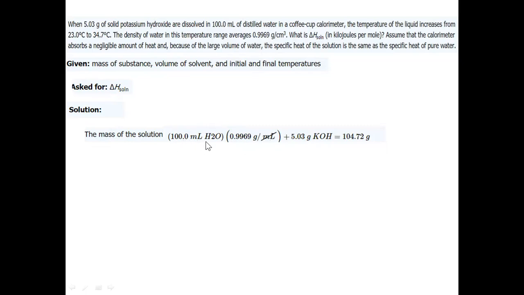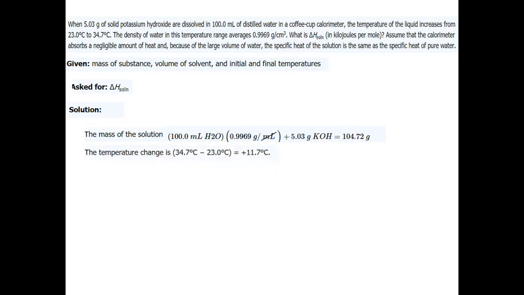So 100 ml of water multiplied with the density at 0.9969 gram per ml. ml and ml cancel out. This gives us a gram unit. And then we add the mass of the substance, which is the potassium hydroxide, or KOH, at 5.03 grams. Adding both quantities gives us 104.72 grams.